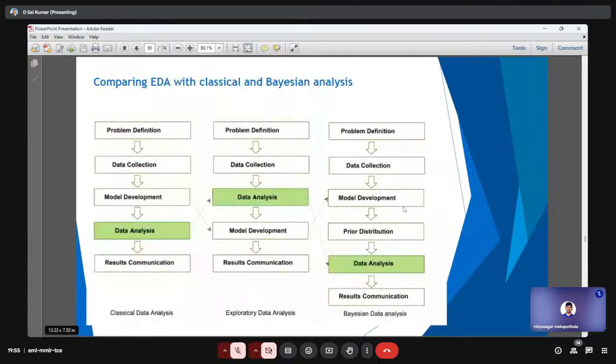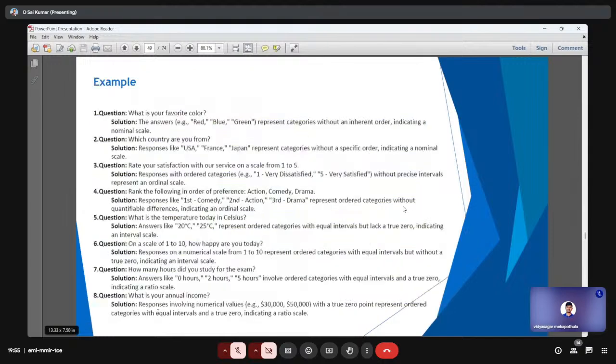Next we have the concept of exploratory data analysis. We'll compare it with classical and Bayesian analysis. Before that, we'll see what exactly Bayesian analysis is. For that, I'll stop here. In the next class, I'll start with Bayesian analysis. The classical analysis we mostly know already, because of data mining and machine learning.